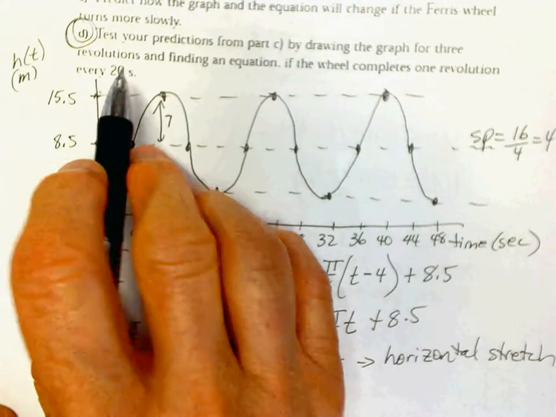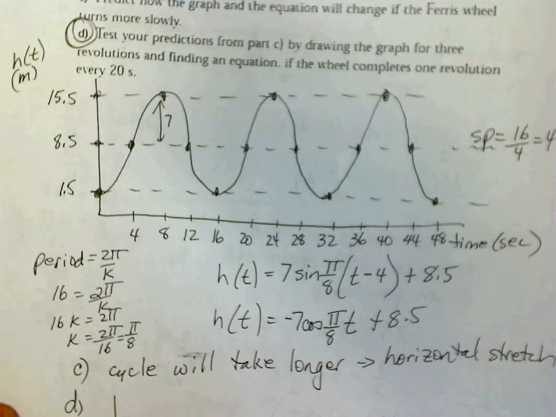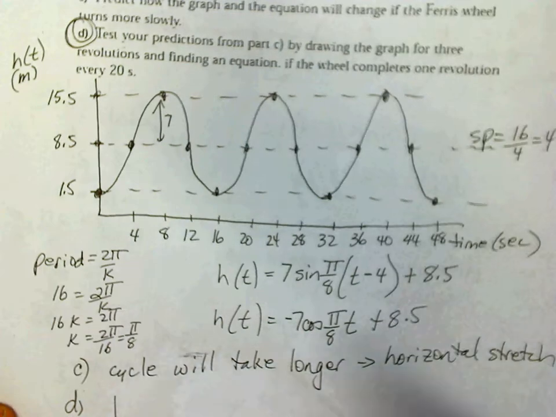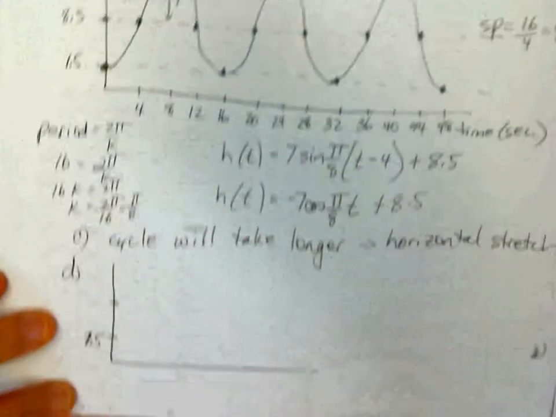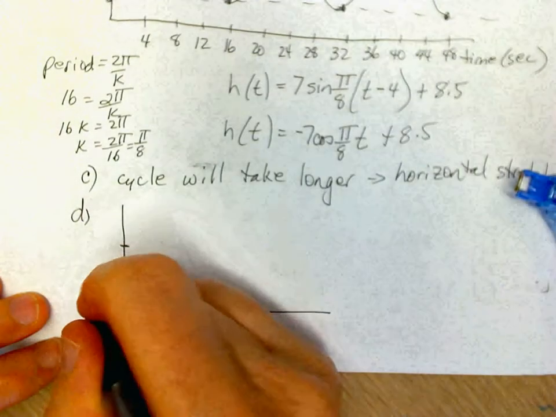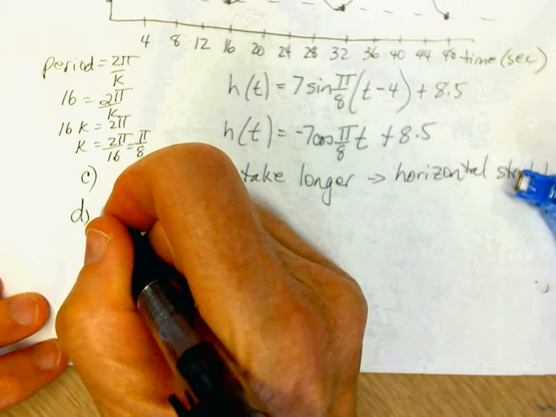He gets on at 1.5. The radius is the same. So this is 1.5 plus 7 is 8.5 plus 7 is 15.5. He's getting on at the lowest point.